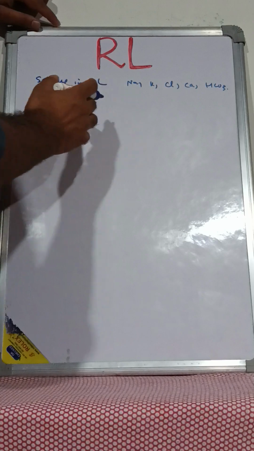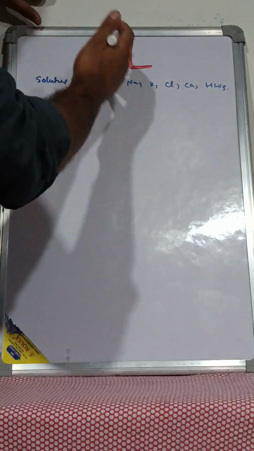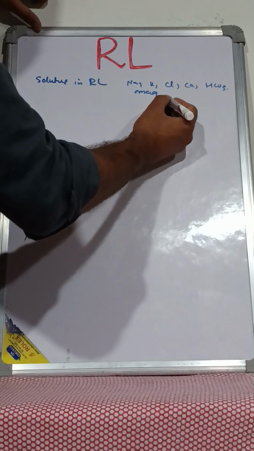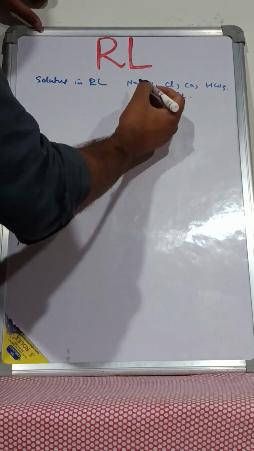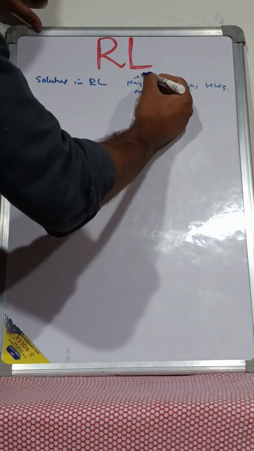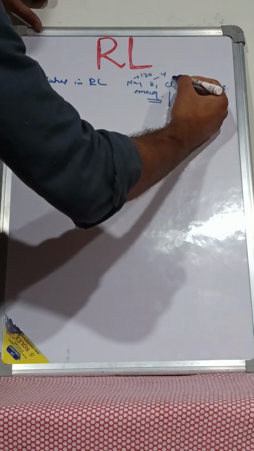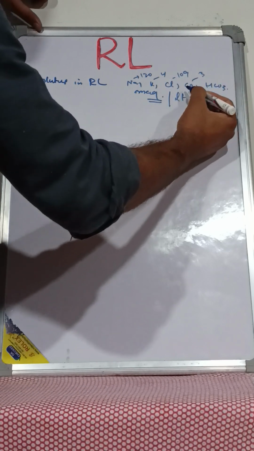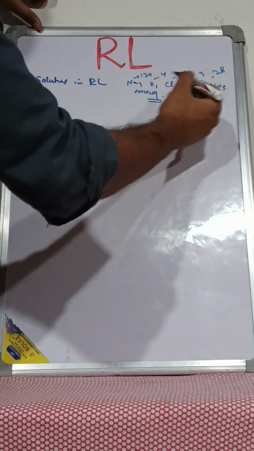The concentration of the solutes in RL is expressed in milliequivalents per liter. One liter of this RL contains almost 130 milliequivalents of sodium, 4 milliequivalents of potassium, 109 milliequivalents of chlorine, 3 milliequivalents of calcium, and 28 milliequivalents of bicarbonate.